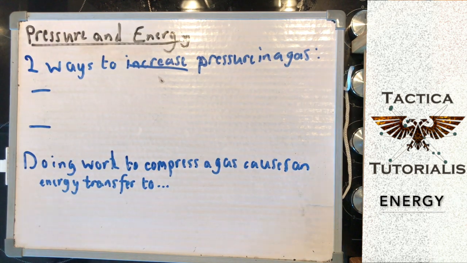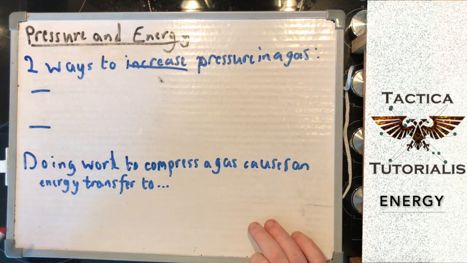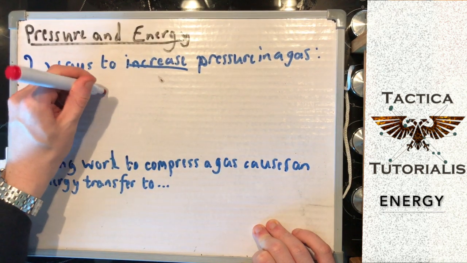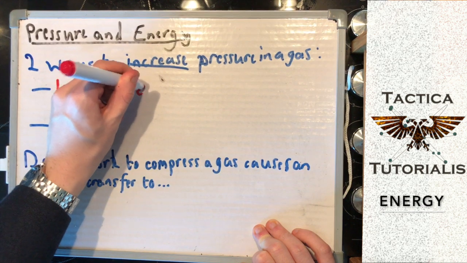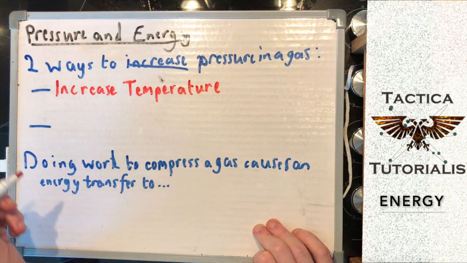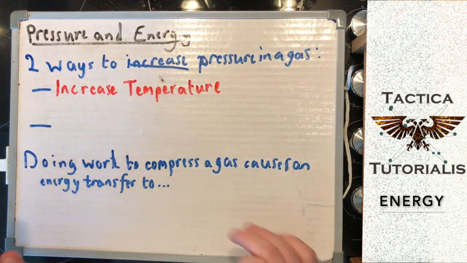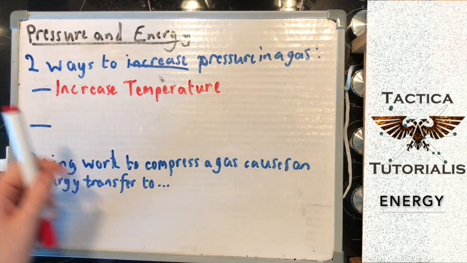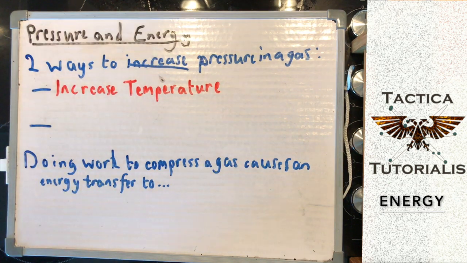So, the first way to increase the pressure in a gas is to increase the temperature. So we talked earlier on about the PT relationship, that direct proportionality, and that causes the pressure to increase when the temperature goes up. Why?